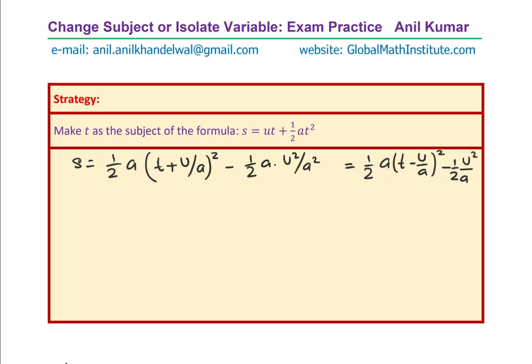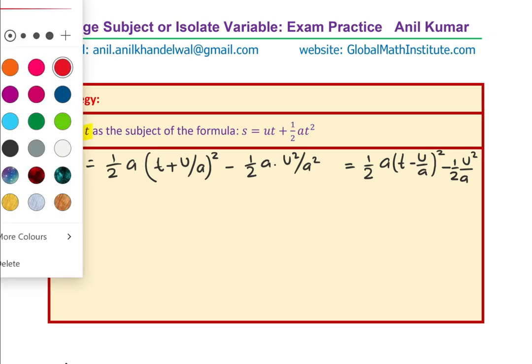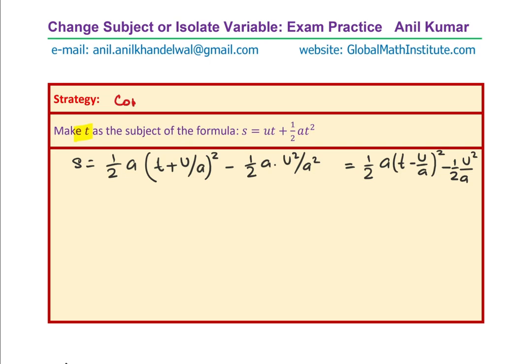That is how we get our equation. And now you need to make t the subject. Now this is the vertex form, right? So after completing the squares, we get the vertex form.